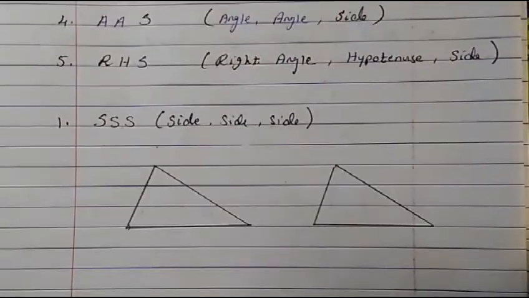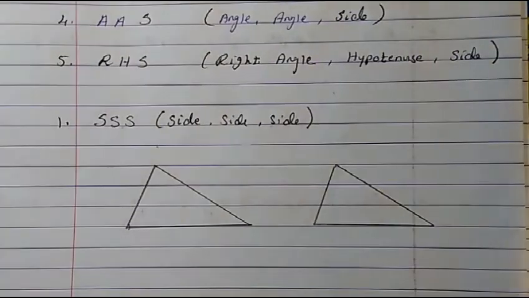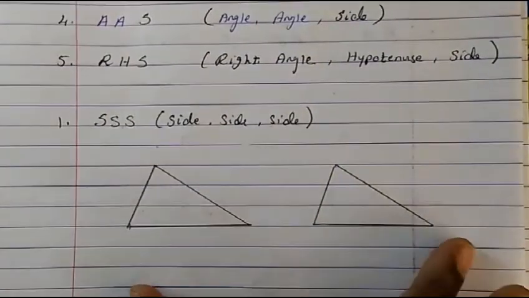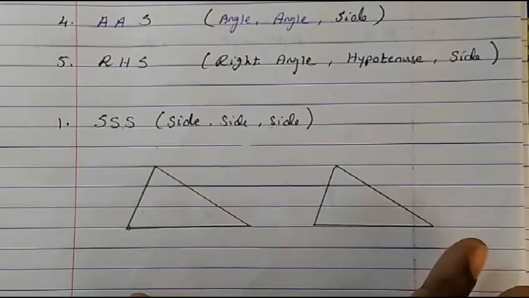First one, side, side, side. If you see two triangles here, how to know that they are congruent or not?